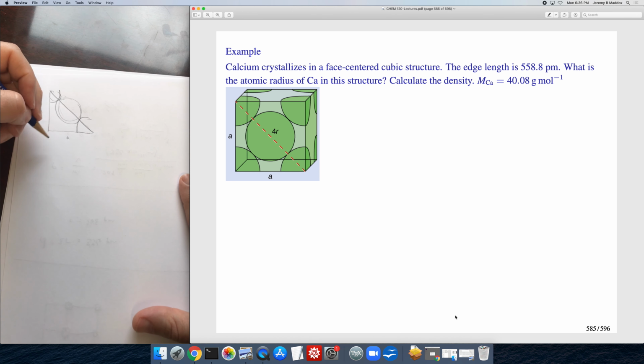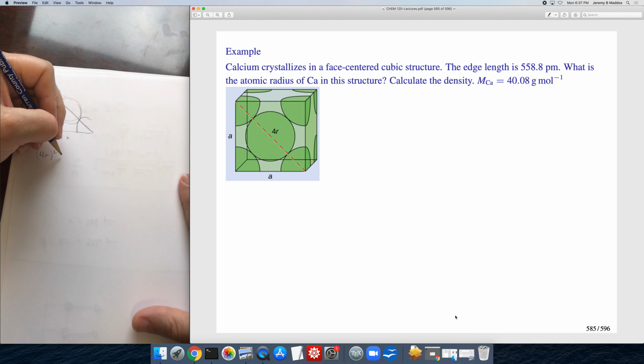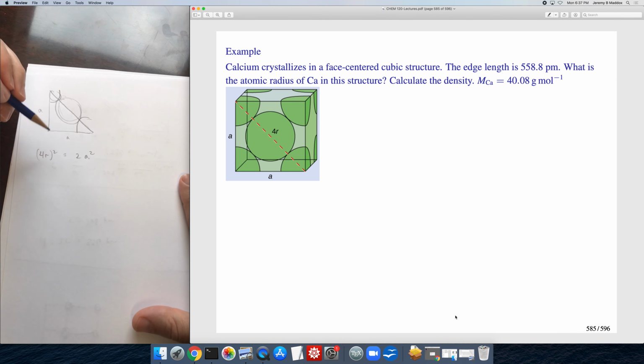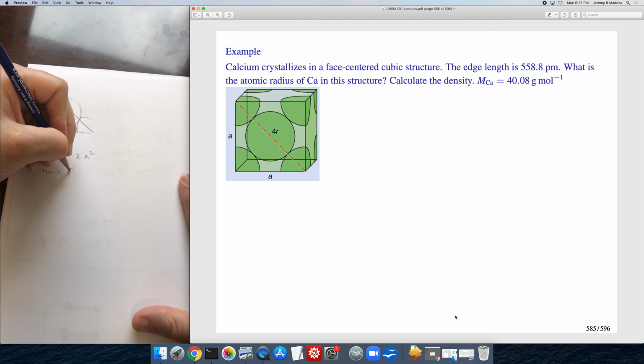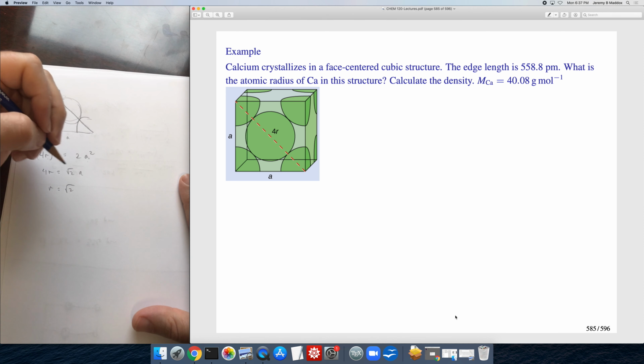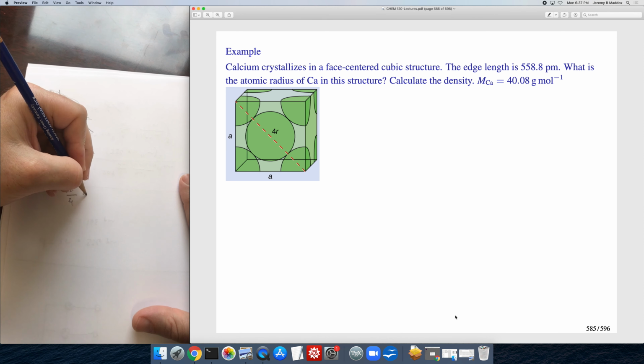You'd say that the two lengths squared added together would be the hypotenuse squared. So if the hypotenuse is 4r, you square it, it would equal 2a squared. Okay, and now that you know you've measured a, you can find r. So you would take the square root, 4r would be equal to the square root of 2 times a. r would be the square root of 2 over 4 times a.